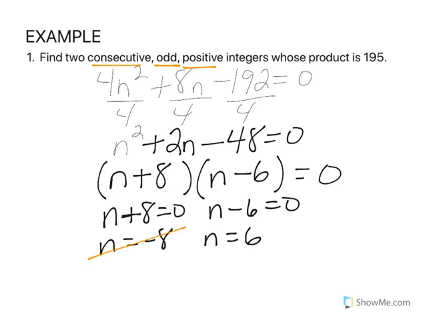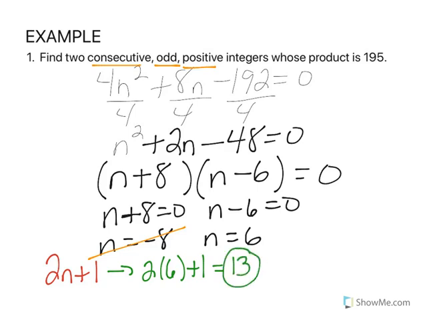Now 6 is not odd, but n is not the actual number. We have to plug it in to get the answer. So 2n plus 1, if we plug in 6, we get 2 times 6 plus 1, which is 13. So there's one number, and we're going to do the same thing. 2n plus 3, that was our second one.